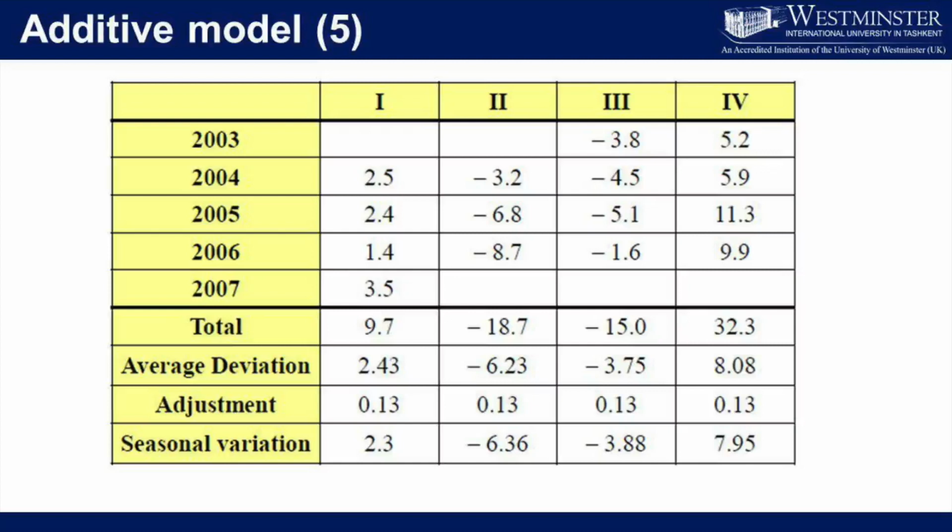I want you guys to understand this and pay attention to this one. You write the years on the first column, all the years that you have: 2003, 2004, 2005, 2006, and 2007.